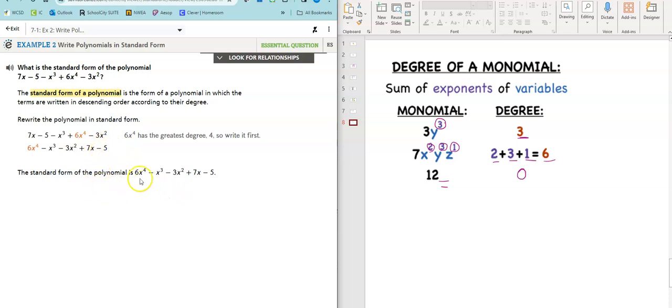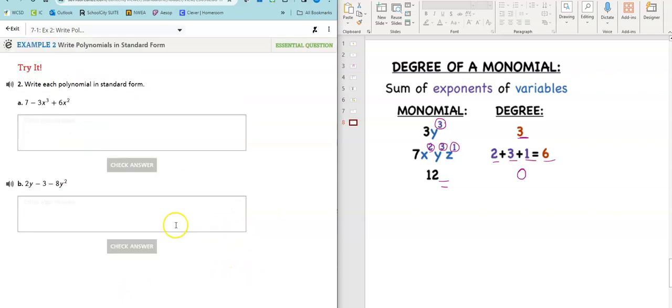So the standard form of this polynomial is as follows. So go ahead and take a chance to write each polynomial in standard form. You'll find that this is really useful later when we do a lot of things with our polynomials and expressions. Having them in order will help us in the future.